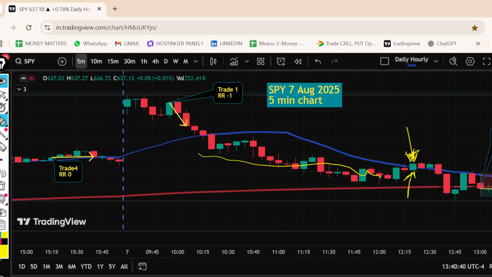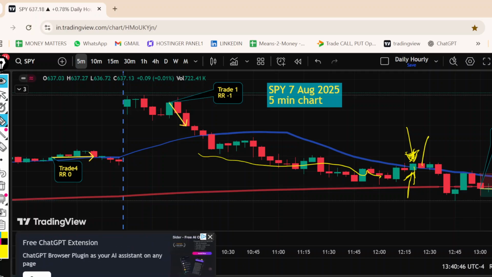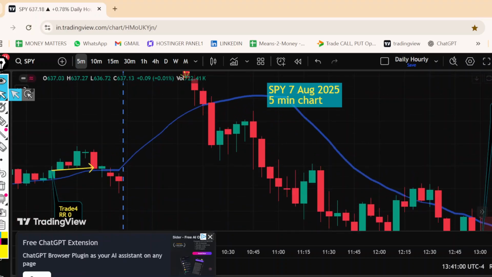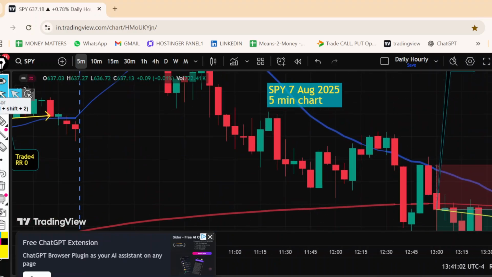So we don't enter on this candle. The next is a red candle, so the next entry on the long side is ruled out. And this candle is also not very bullish, and it has not crossed the high of the previous red candle. I'll zoom in once again for you to verify, if you can see properly.